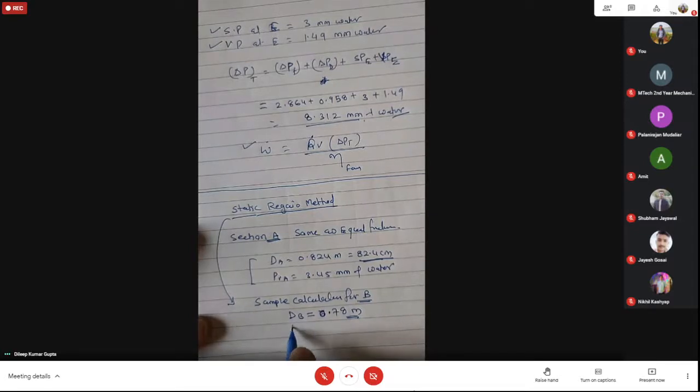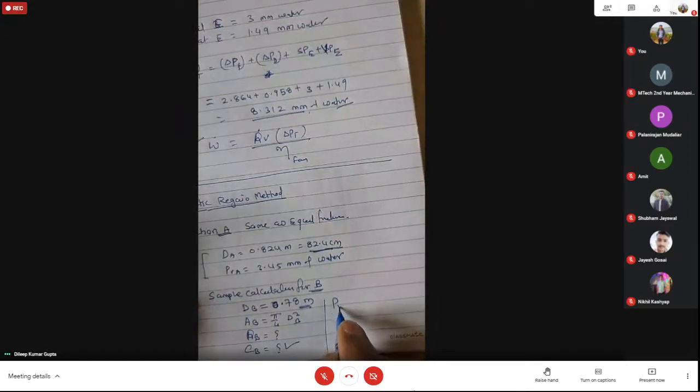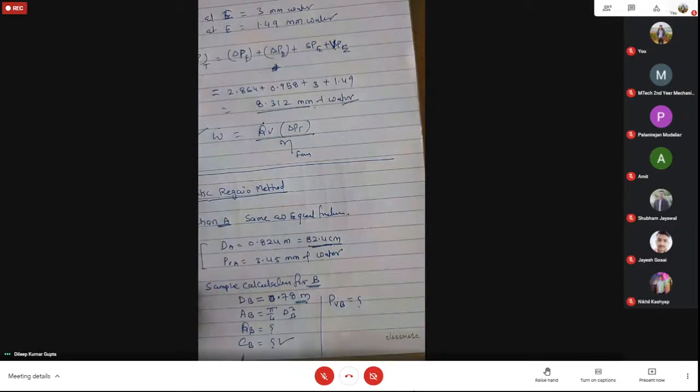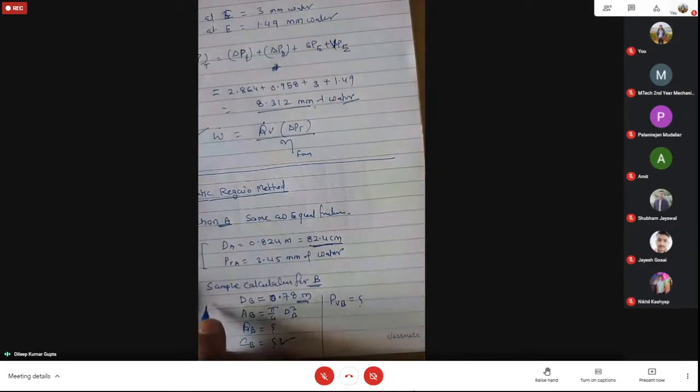Once we assume this value, we'll try to calculate the other parameters. You have the value of diameter, so you can find the area, pi by 4 d square. Then QB is known to you because the flow rate is known.